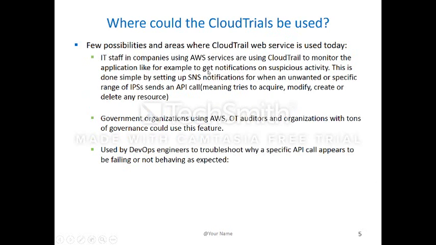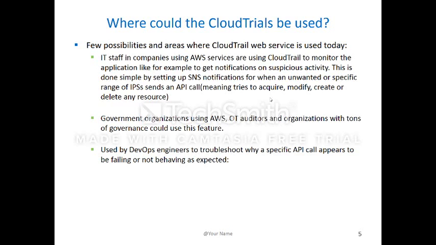Where could CloudTrail be used? Here are a few possibilities and areas where CloudTrail is used today, like what I can think of. The IT staff in companies using AWS services use CloudTrail to monitor the application, for example to get notifications on suspicious activities. This is done simply by setting up SNS notifications for when an unwanted or specific range of IPs sends an API call, meaning someone trying to acquire, modify, create, or delete any resource.